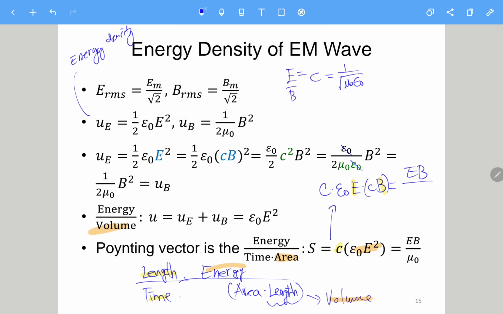So the epsilon naught can cancel. So it finally becomes E times B over mu naught. And that's why S is defined as E cross B over mu naught in the textbook.